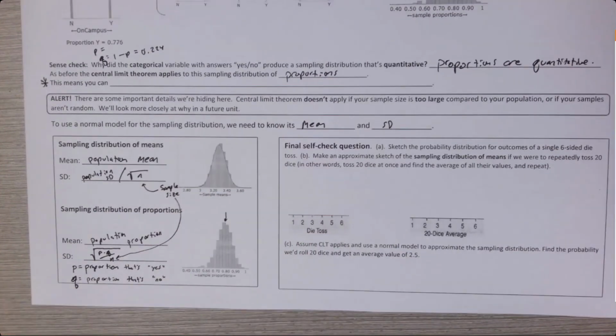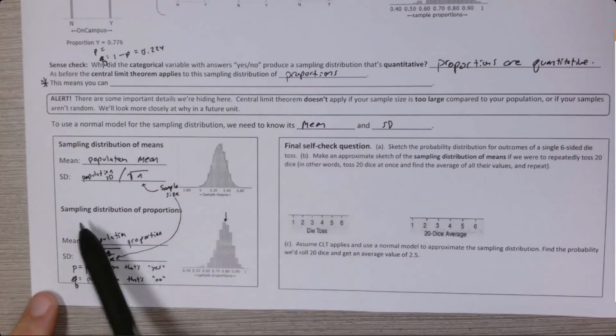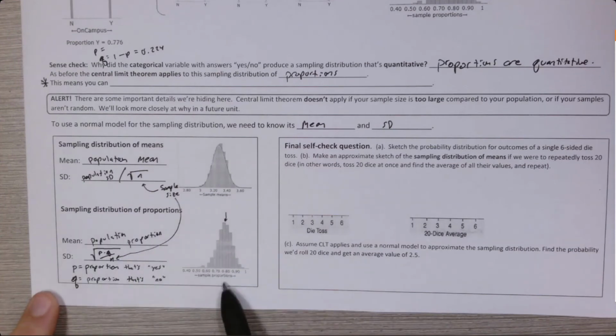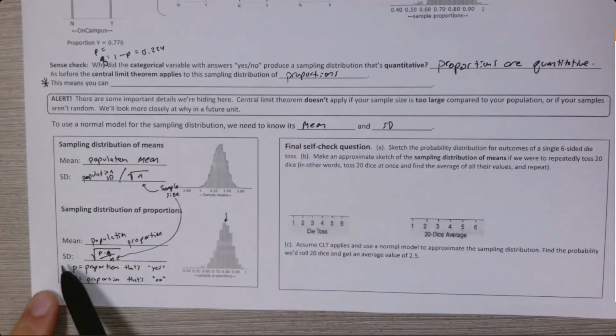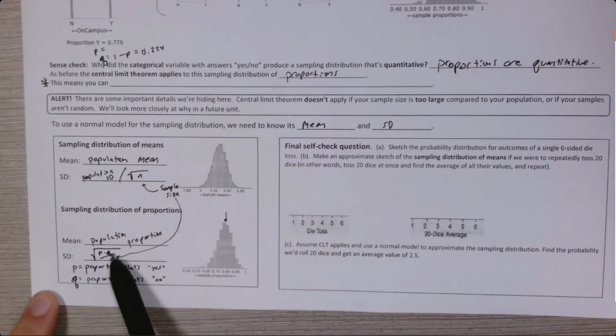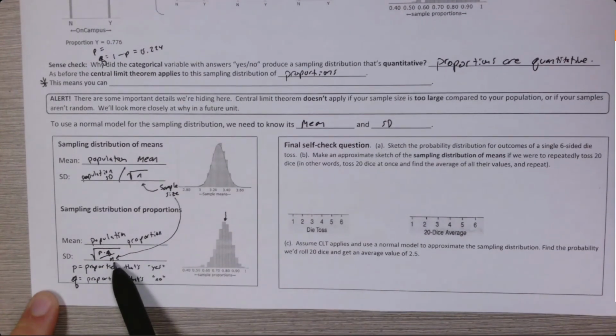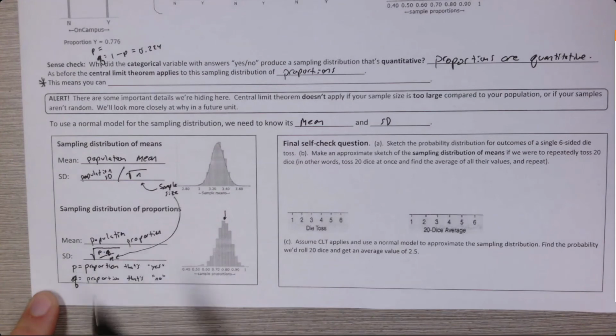So just to make sure we're clear here, in the scenario we did at the top of the page, the sampling distribution mean should be 0.776. The sampling distribution standard deviation should be 0.776 times 0.224 divided by sample size, which was 30, and then take the square root of the whole thing.